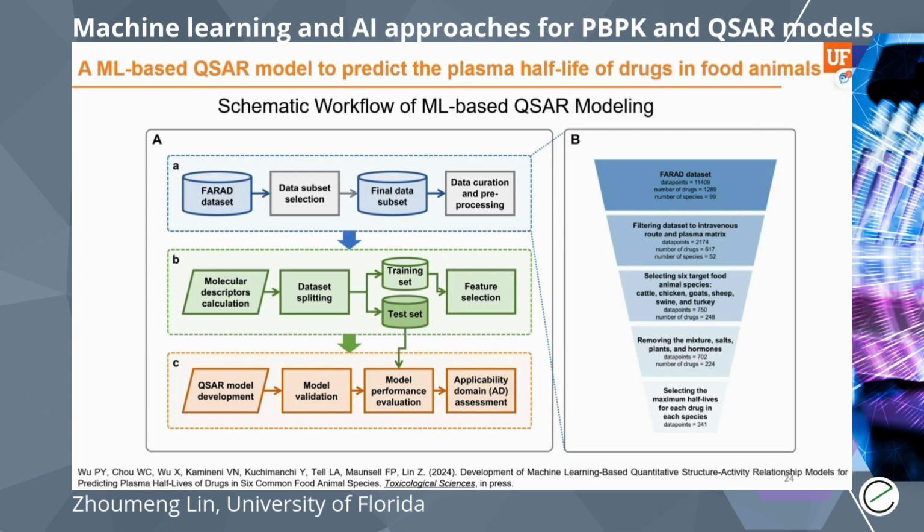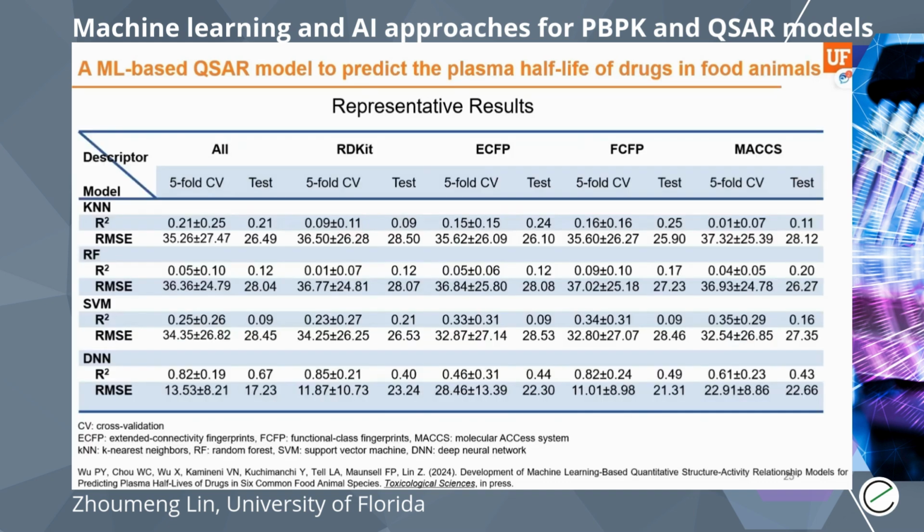After filtering all the data through different criteria, we narrowed down our database to only 341 data points for the plasma half-life in 6 selected major food animal species. We split the data into a training set and a test set, and then we developed a model to predict the plasma half-life of drugs in these selected food animal species.